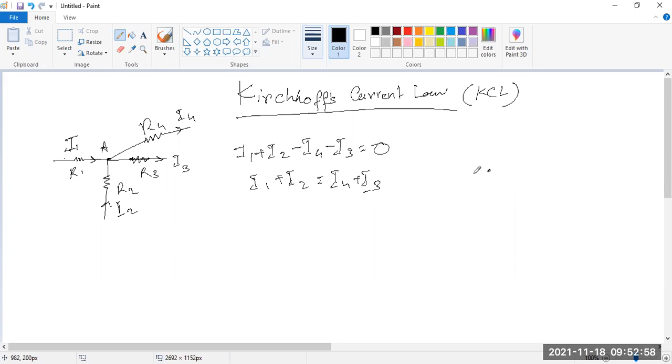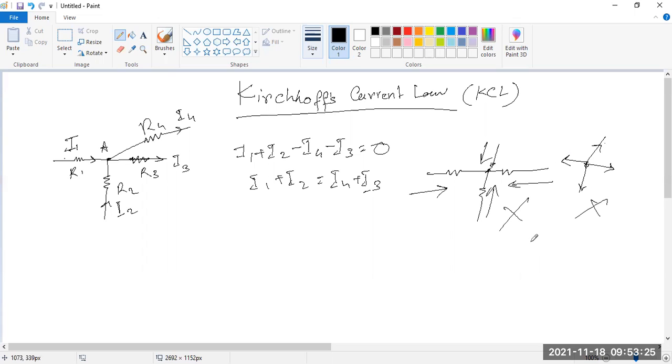So in a node, if all currents are incoming and there is no outgoing current, then it is wrong. It is not possible as per the KCL law. And if in a node all currents are outgoing and there is no incoming current, then it is also not possible.